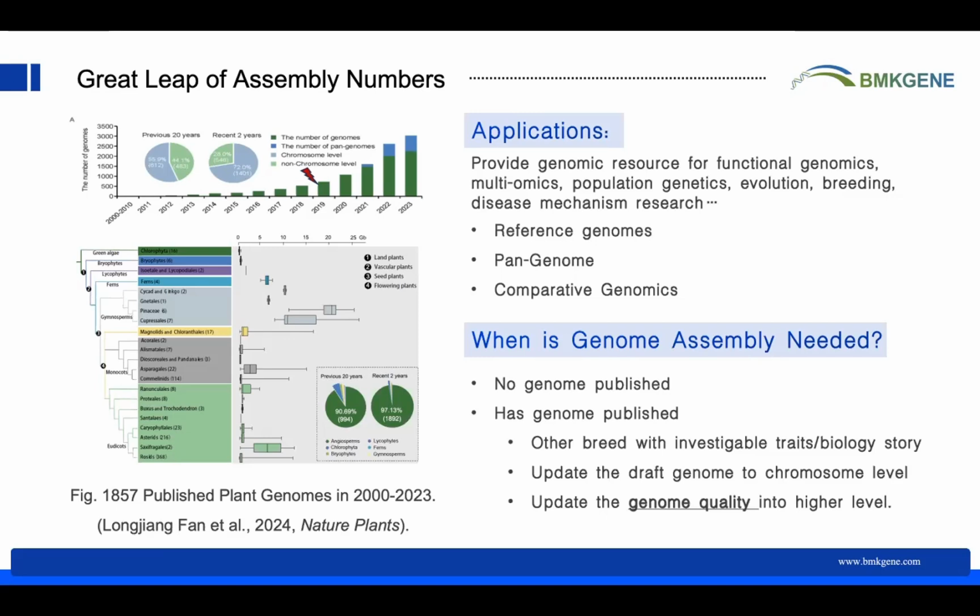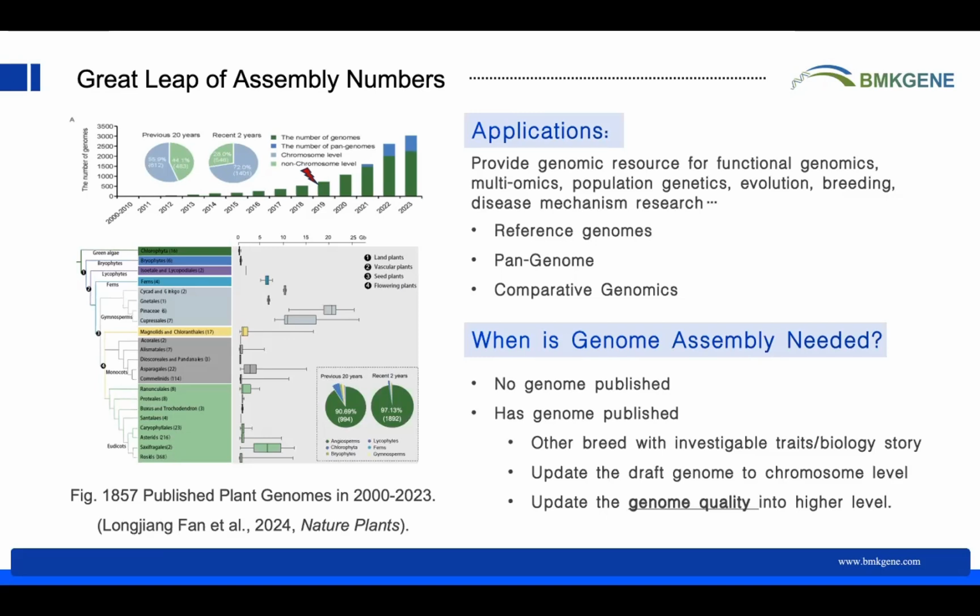Another within-species level is the pangenome analysis. Pangenome analysis tries to get the most representative individuals of the species. Then we assemble all of the genomes of these selected materials.